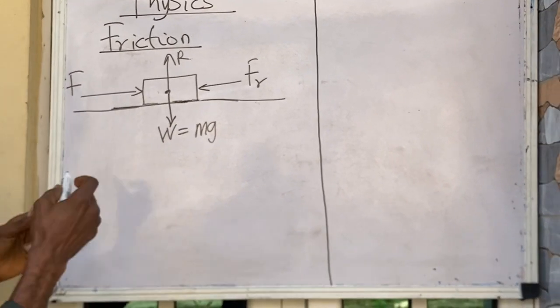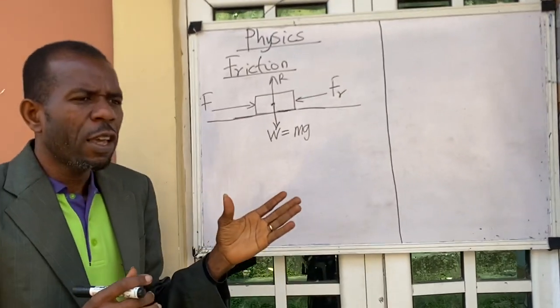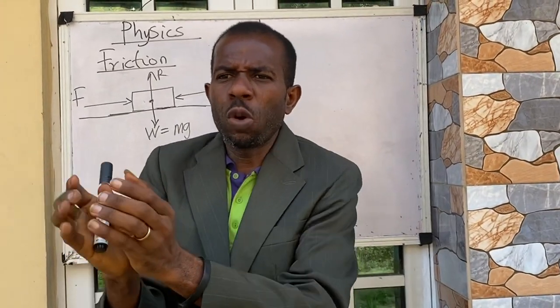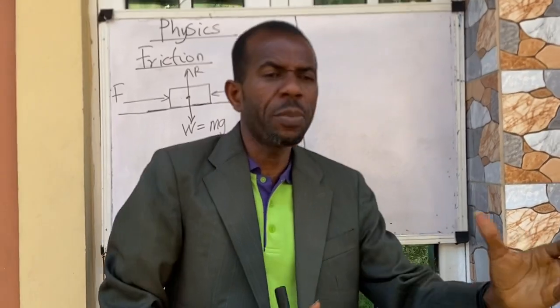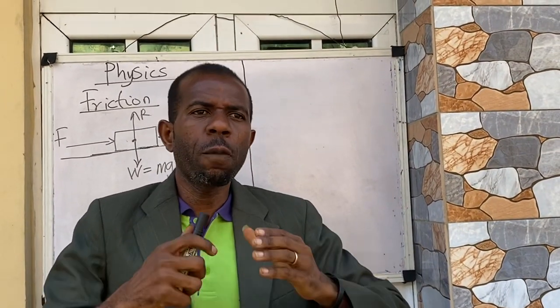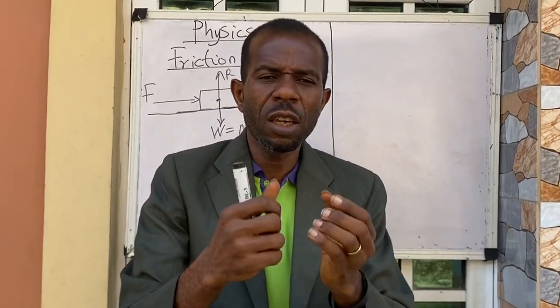So this frictional force that we are trying to talk about today is a force that causes opposition to movement of one body over the other. So it opposes the relative motion between two bodies in contact.